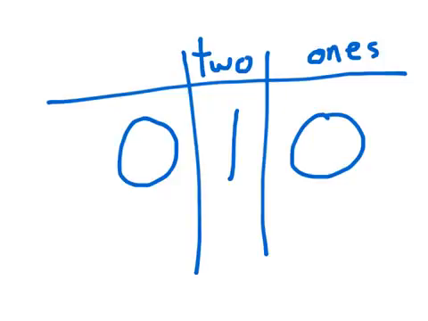Binary is base 2. So now remember, every column is going to be twice as big as the column to the right. So we have 1, then 2. What comes next? Well, 4, because 4 is double 2. Now, why is it double? Well, that's because we are using base 2.